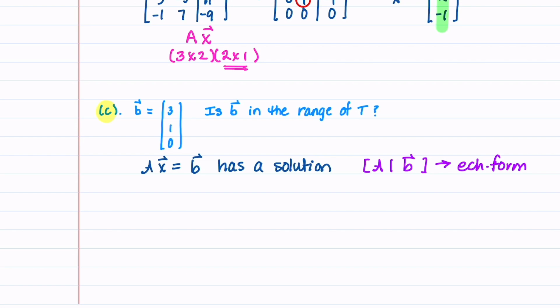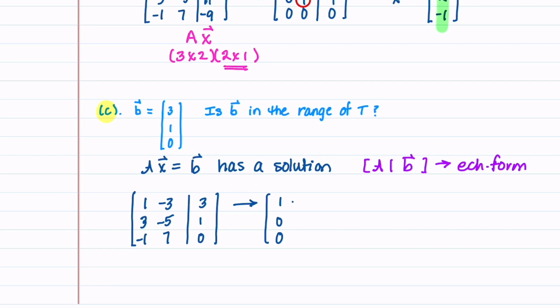Let's do that. We have our same matrix A, 1, 3, minus 1, minus 3, minus 5, 7, and we're going to augment it with our vector B, 3, 1, 0. I'm going to skip the steps, but here's what it looks like in echelon form. We have 1, 0, 0, minus 3, 4, 0, and it's augmented with 3, minus 8, and 11.